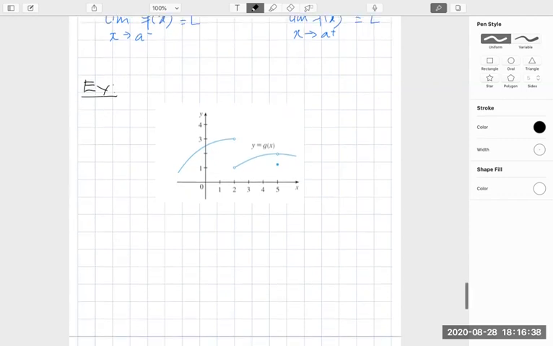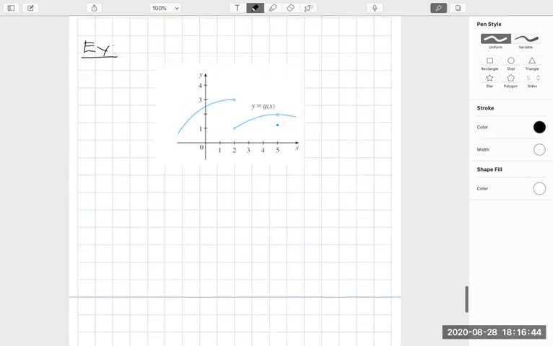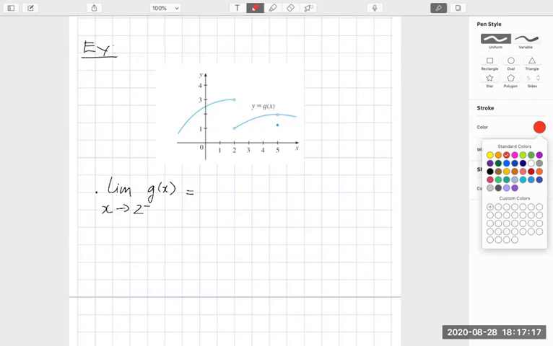So now we can write all the limits of this function, as we can observe from the graph here. Now, what is the limit of g of x as x approaches the left side of 2? What is it? Correct. When x goes from the left side, the value of f of x approaches this value, right? And this value is 3, right here.